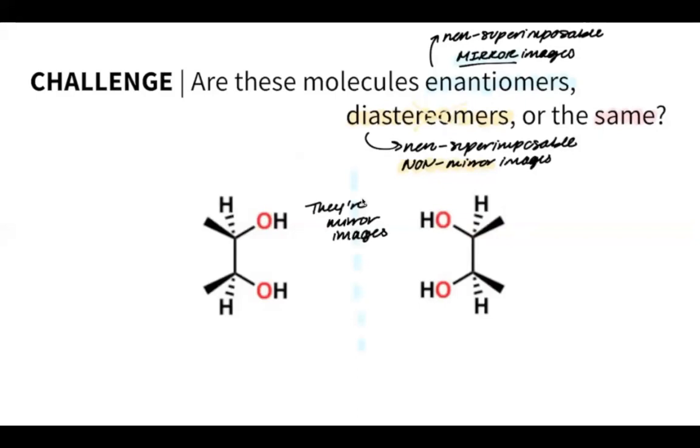Something else you want to check real quick is to see if they're the same molecule. So I'm going to say, check to see if they're meso. Remember, a meso compound is going to have two or more stereocenters.